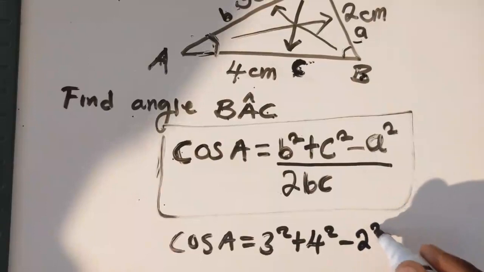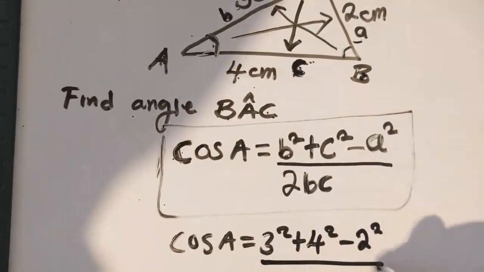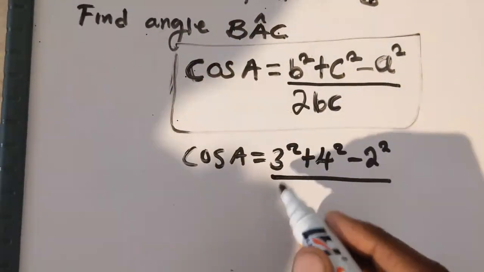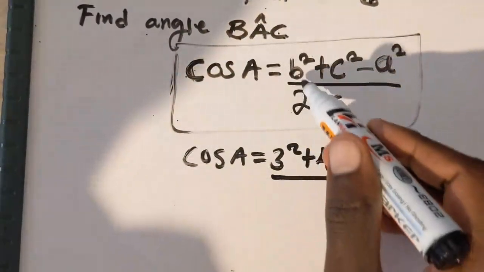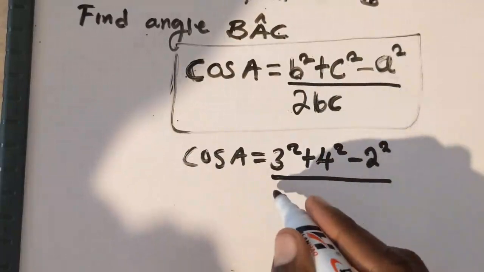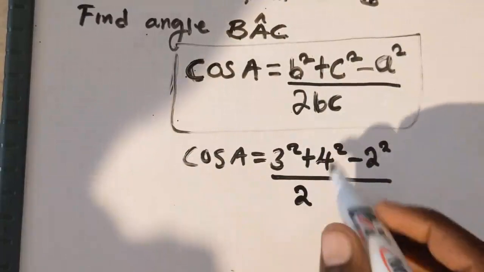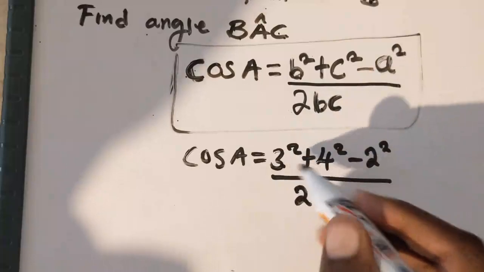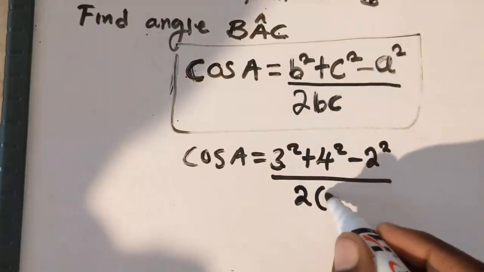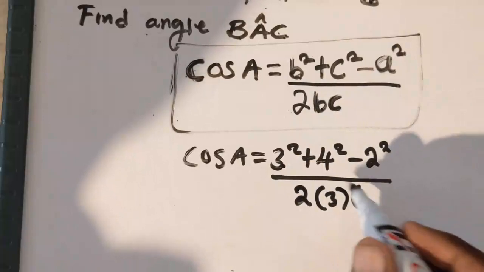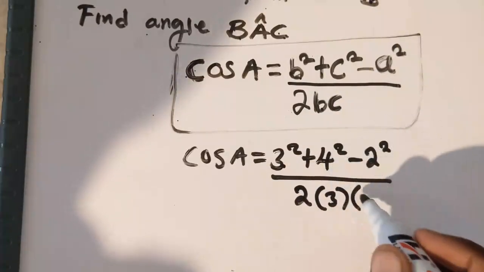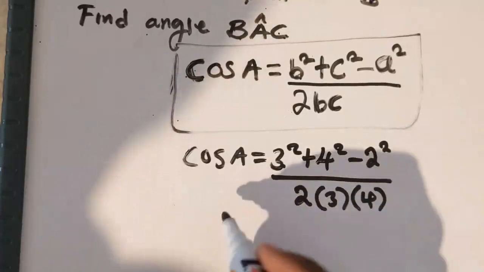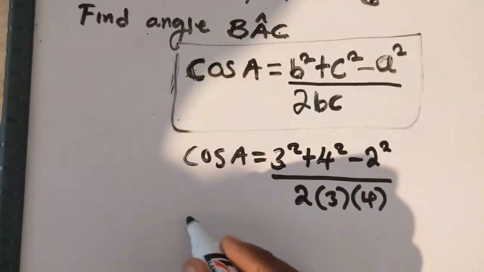Then over 2, then B we know it is 3, multiplied by 3, multiplied by 4, like that.